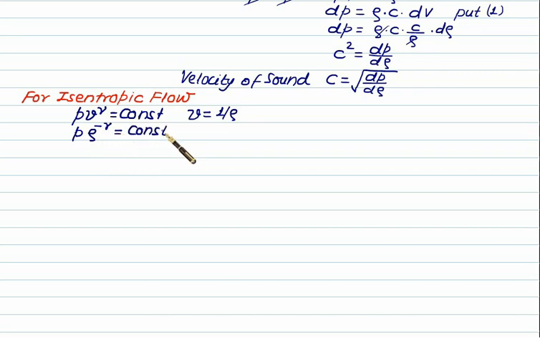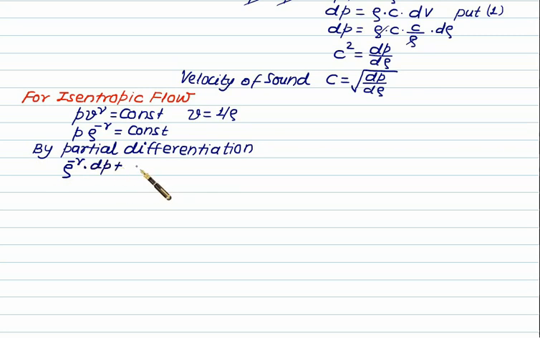Now this equation can be differentiated partially. So we get rho to the power minus gamma into dP plus minus gamma into rho to the power minus gamma minus 1 into P into d rho, and the right hand side is constant, so its derivative will be equal to 0.